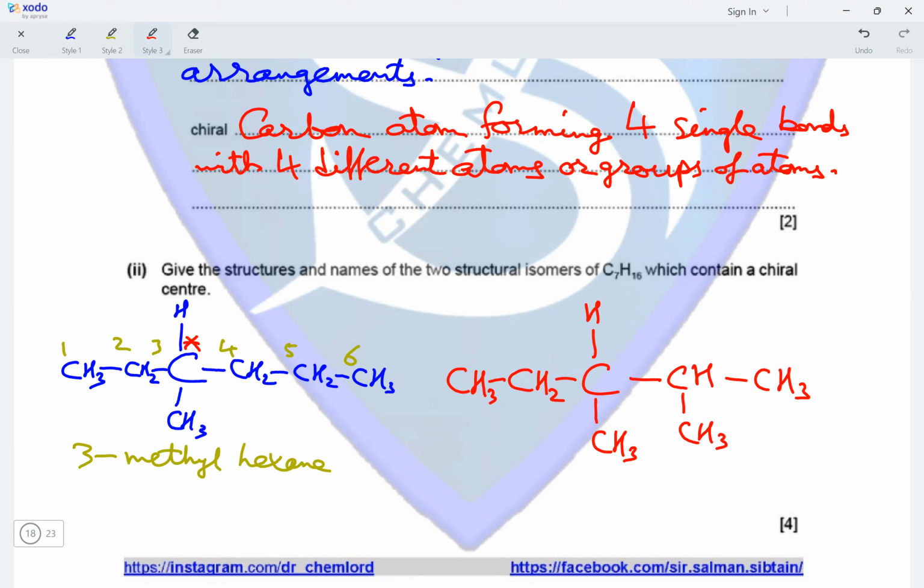So the name of this compound would be 1, 2, 3, 4, and 5. So this will be a pentane, and there are methyl groups on 2 carbon atoms. So the name would be 2, 3 dimethyl pentane. And the carbon atom with the asterisk marked on it is the one that is the chiral carbon atom.